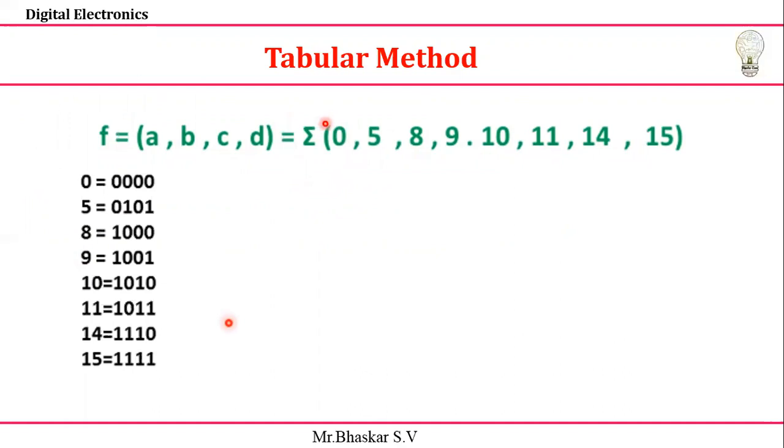First, we need to represent the values in binary. These are the decimal values we are going to take, and first we represent them in binary. 0 is 0 0 0 0, 5 is 0 1 0 1, 8 is 1 0 0 0, 9 is 1 0 0 1, 10 is 1 0 1 0, 11 is 1 0 1 1, 14 is 1 1 1 0, 15 is 1 1 1 1.